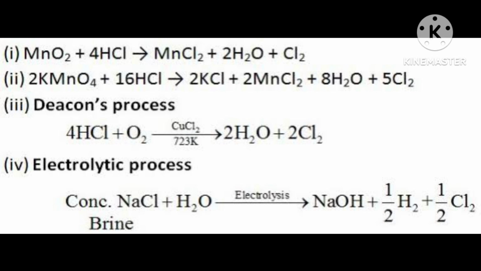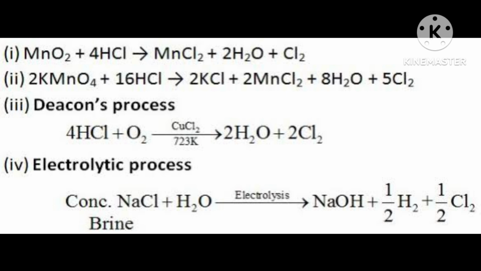Total 4 products: first MnCl2, second 4NaHSO4, third 2H2O, and fourth Cl2.